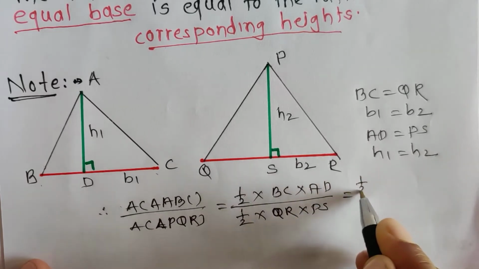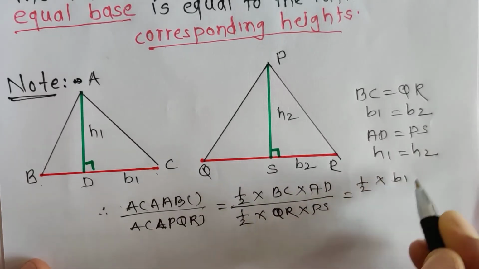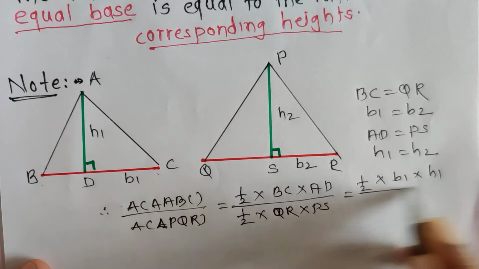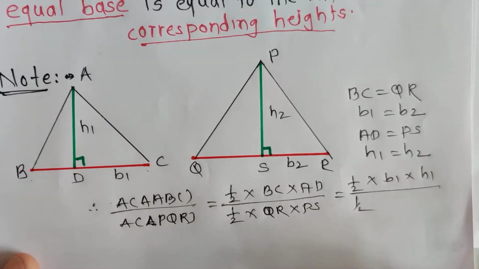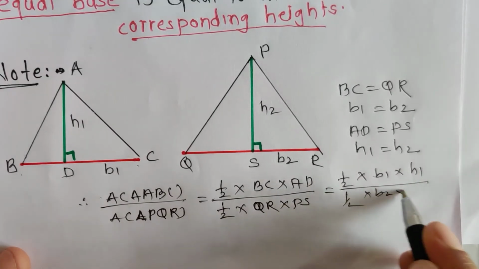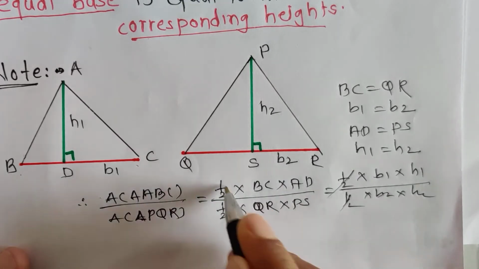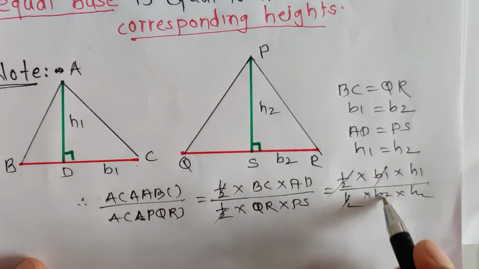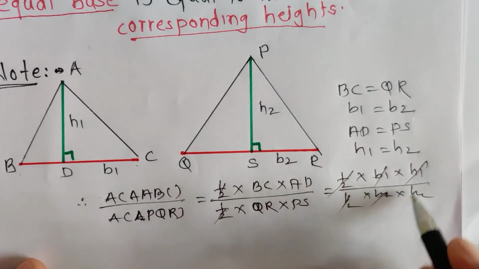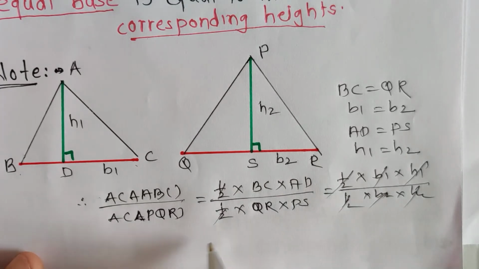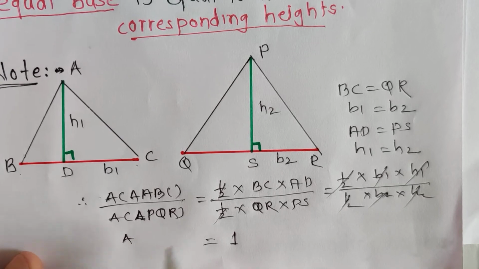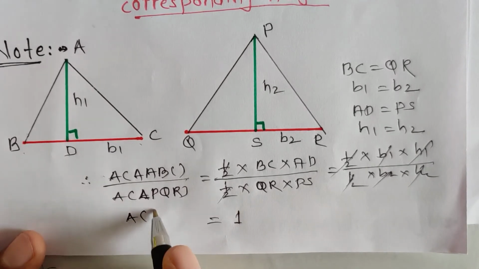That means half into B1 into H1, half into B2 into H2. So here half gets cancelled. B1 and B2 are equal, get cancelled. H1 and H2 are equal, get cancelled. So we get the ratio is equal to 1.